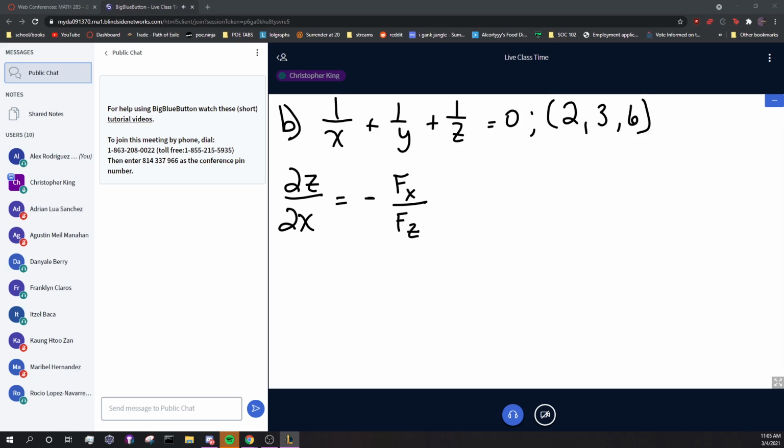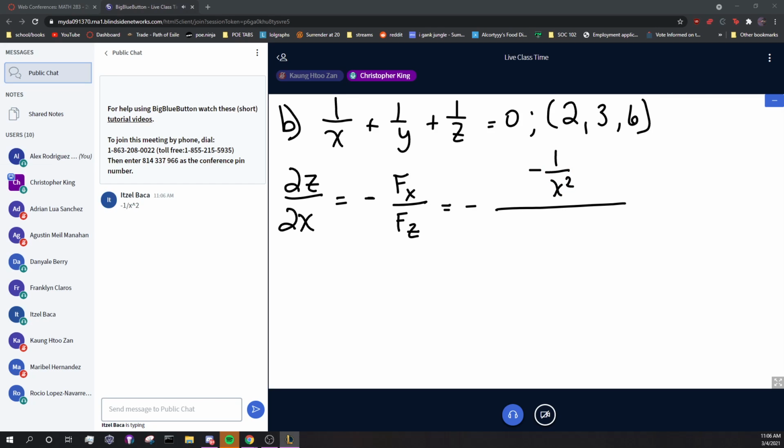If I do the partial with respect to x, what will I get? Negative 1 over x squared.